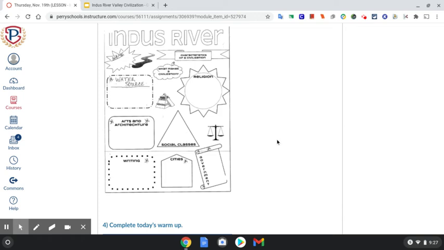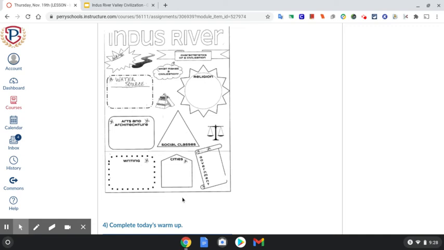While you are reading the handout, water source is basically going to be, where is the civilization located? What is the water source for them? Like a river, for example. Arts and architecture, what do their cities look like? Details about the cities, if there were games, that kind of thing. Writing, write down facts about what they say their writing was like, if they had writing, and so on.